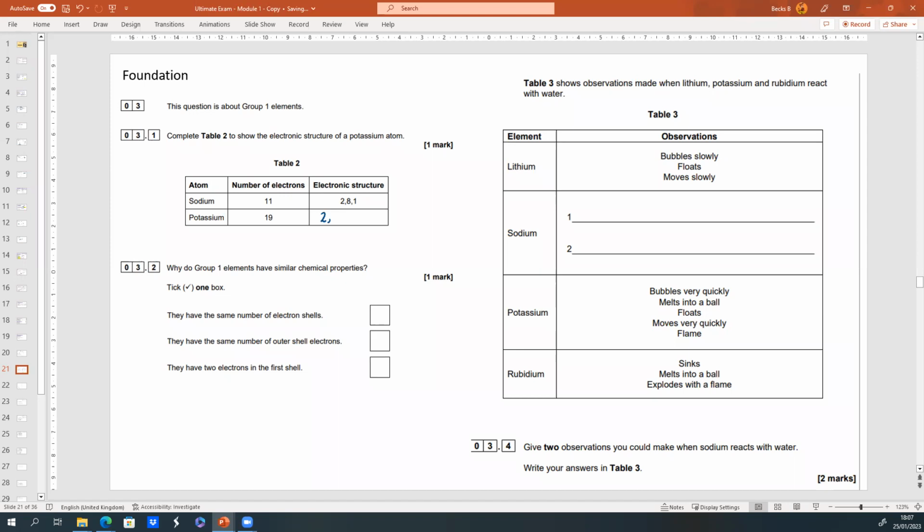So 2 electrons, 8. So far we've got 10. Into the next shell, 8, and then 1 in the outside shell, which makes sense because we've got 1 electron in that outside shell.